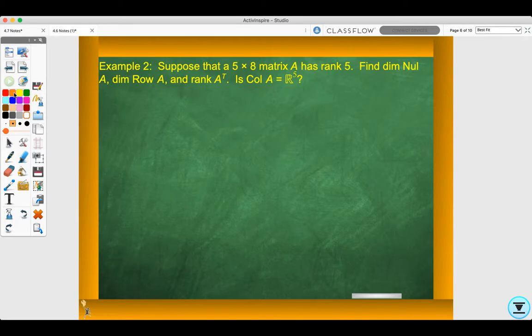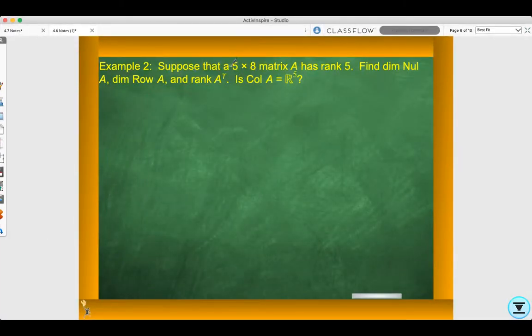Suppose that a 5 by 8 matrix A has rank 5. Find the dimension of Null A, the dimension of Row A, and the rank of A transpose. Is Col A equal to R5? So this is my m by n matrix. And since I have rank 5, that's my number of pivot columns.